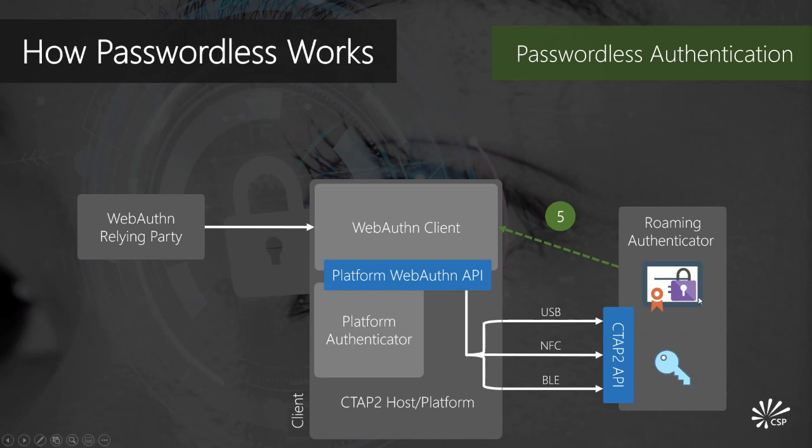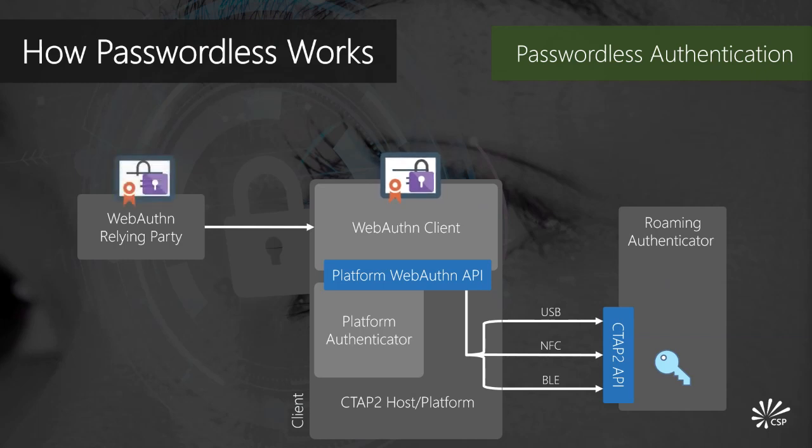So that private key signs that random value that was generated by the relying party and sends it back to the relying party through the browser again. So the browser acts as the middleman. It receives the response from the authenticator and just passes it back to Azure AD in that case.